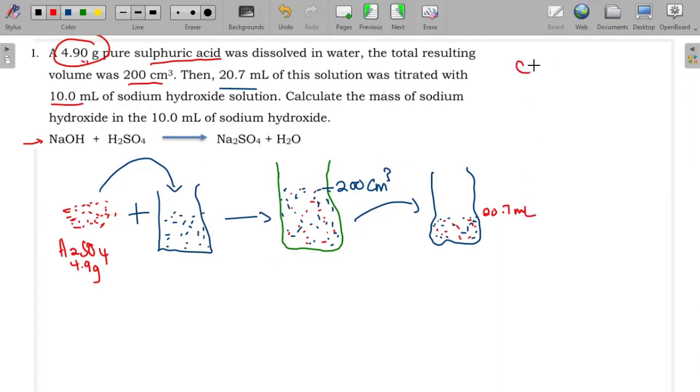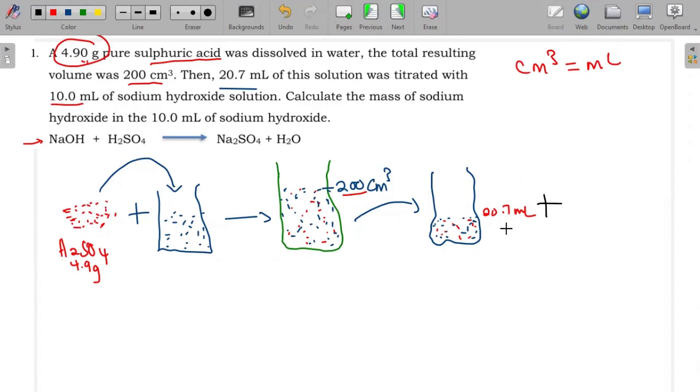We have to know that cubic centimeters is the same as milliliters, okay? So you've seen that we had this mixture of the sulfuric acid and water giving us this volume, and from this volume of 200 cubic centimeters, they just get a volume of 20.7 mLs.